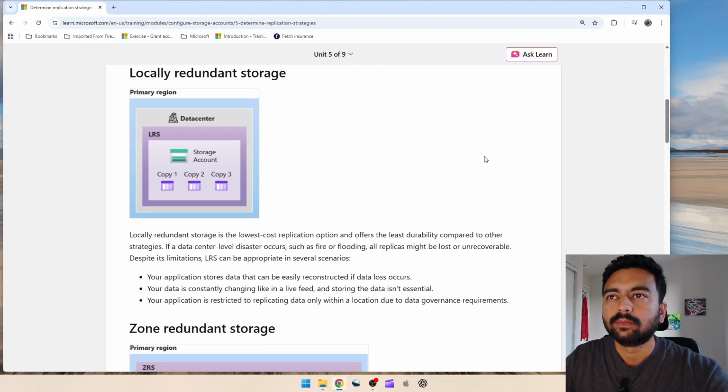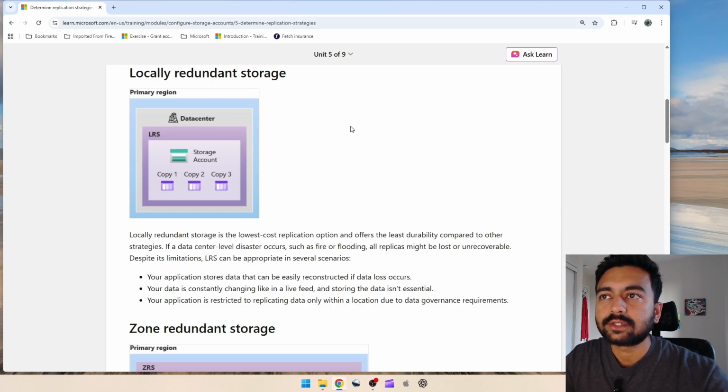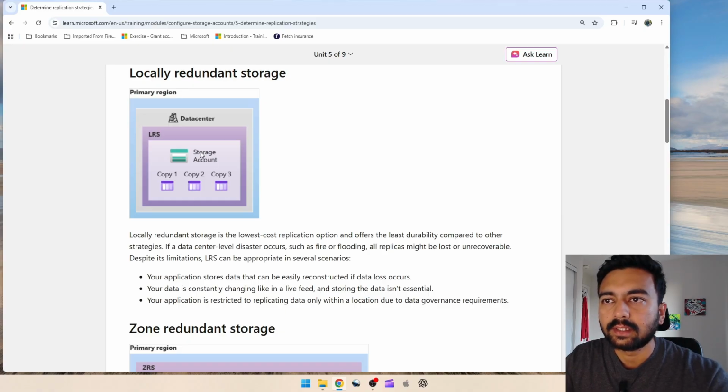Like I mentioned earlier, locally redundant storage is multiple copies in the same data center. So you have one region, one data center, and the copies always have to be under a storage account, obviously. It offers the least durability compared to other strategies.